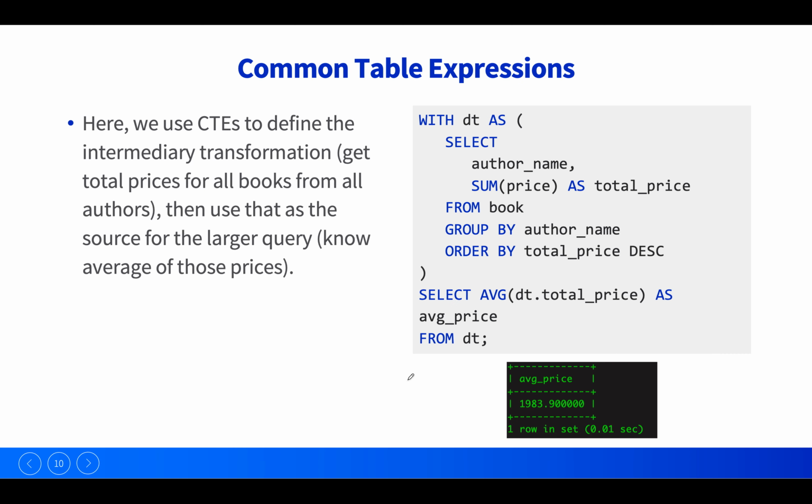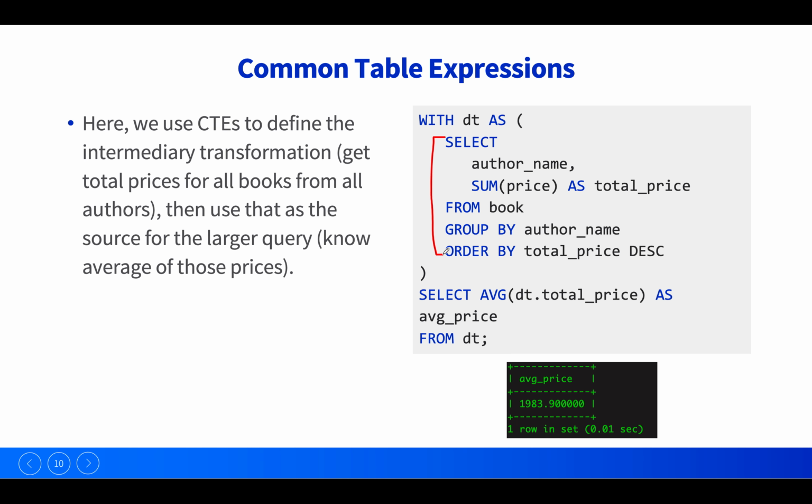So here we will go back to our previous example. Let's say we wanted again to know the total prices for all books from all authors, and then we can use that particular query as the source for our larger query, which is to know the average of those prices. As you'll see here, we essentially still have our original piece of code where we group our table by author name, and then we get the sum of the prices.